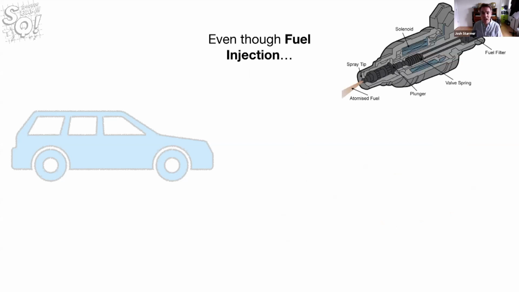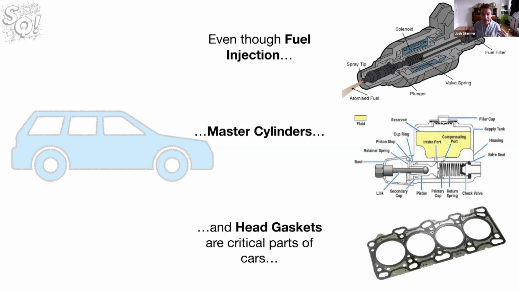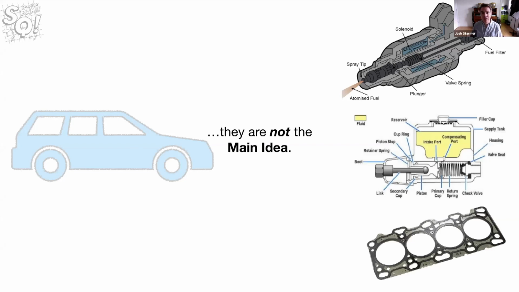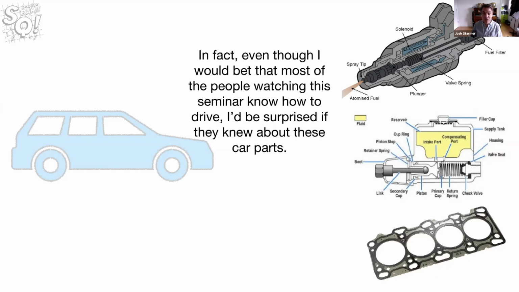Even though fuel injection, master cylinders, and the head gasket are all critical parts of cars, they are not the main idea. In other words, we don't need to know about these parts in order to drive. In fact, even though I would bet most of the people watching this seminar know how to drive, I'd be surprised if they knew about these car parts.